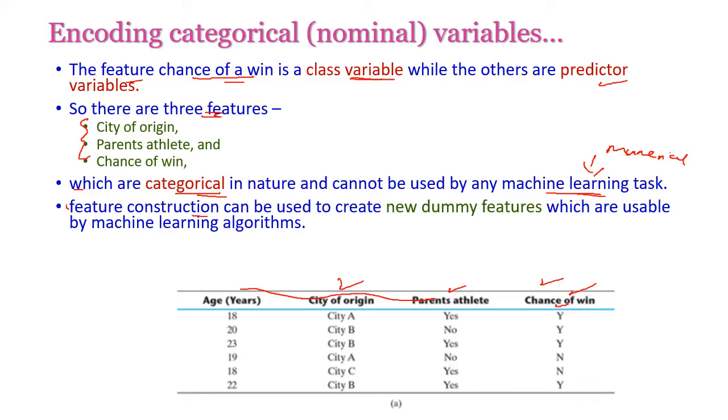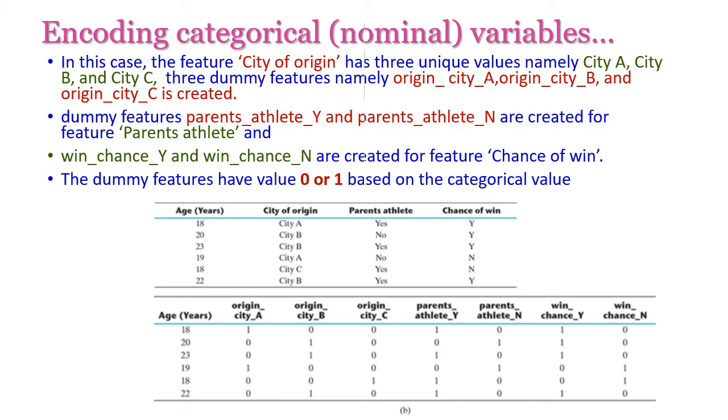Feature construction can be used to create new dummy features which are usable by machine learning algorithms. So city of origin has three classes: city A, city B and city C. Based on this city of origin we have to create three different new features.